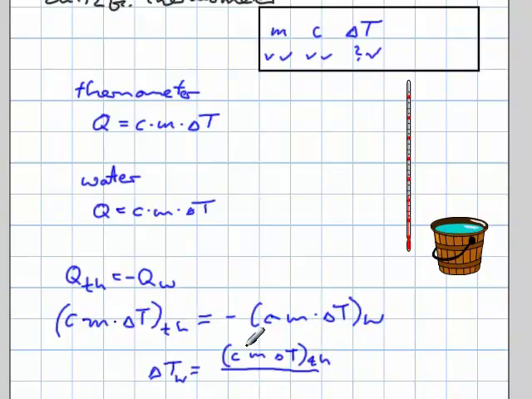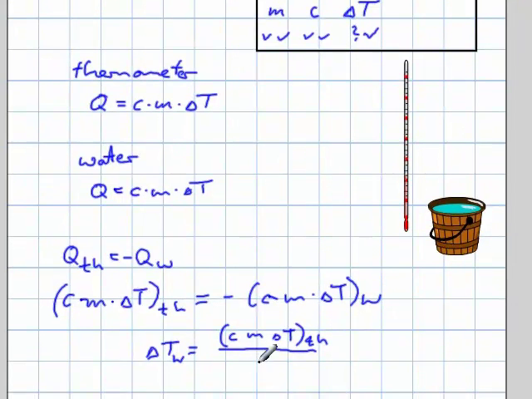This one here all being given: 815, 31 grams, and that was 29.5 degrees Celsius. And here we have C, the 4,186, and this one here is 119 grams, and there's actually a negative in front of this.